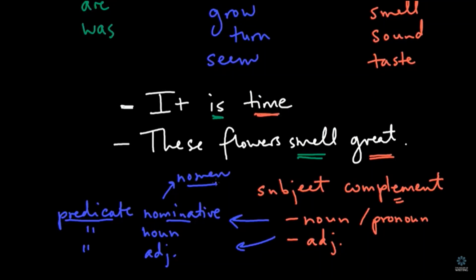The idea here then is that this bit that follows afterwards, let's say it's a noun, should agree with whatever comes before. And you can see that in a strange rule of grammar. So let's say that I were to say it is I. I know that sounds kind of weird. Most of us would say it is me or it's me.